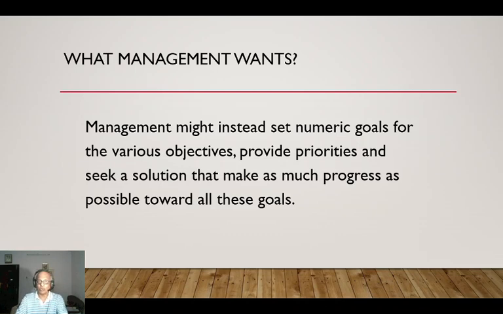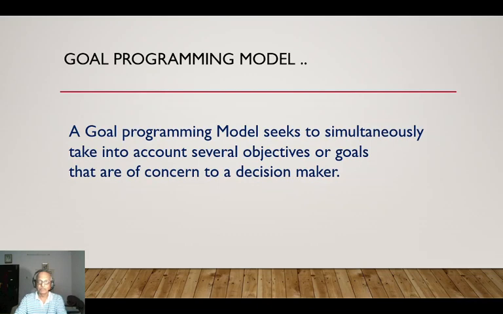So what does management want from you? Management might instead set numerical goals for the various objectives, and they will give priorities, and they will seek a solution that makes as much progress as possible towards these goals. So a goal programming model seeks to simultaneously take into account several objectives or goals that are of concern to a decision maker.